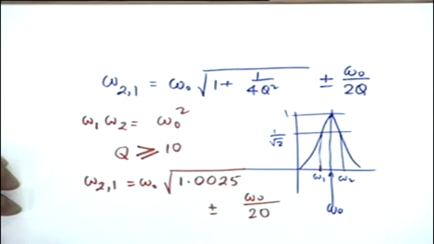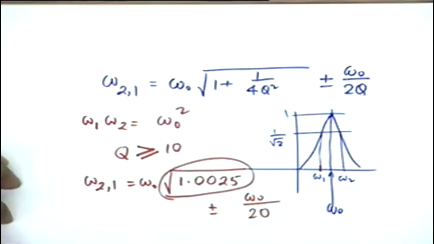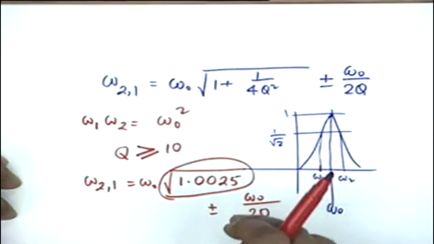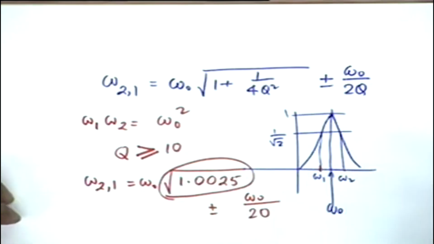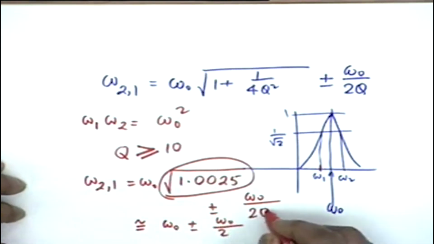Agreed? And you see that the square root of 1.0025 is approximately 1.00125. Do you know these tricks? It is 1 plus delta to the power half, approximately equal to 1 plus delta by 2. And therefore this is approximately equal to omega naught plus minus omega naught by 2q, or 20, whatever it was, omega naught by 2q. All right.